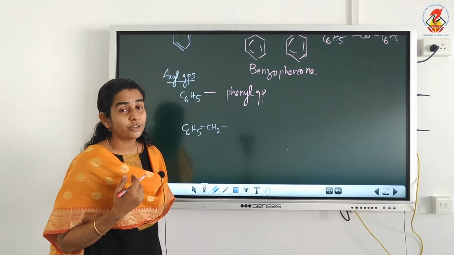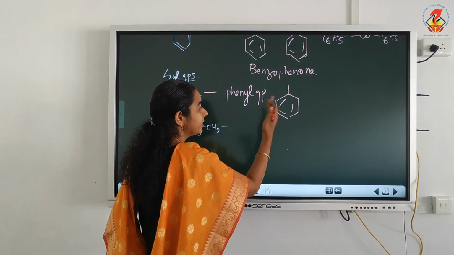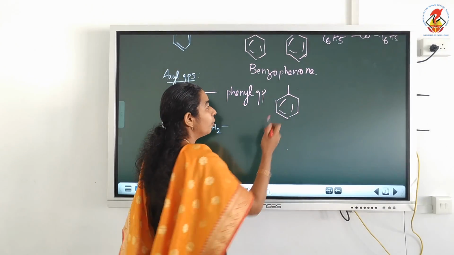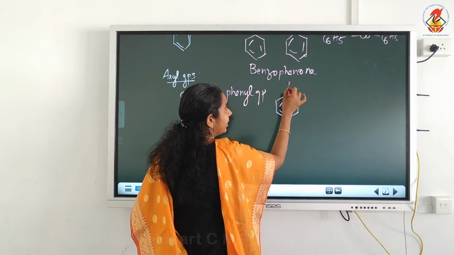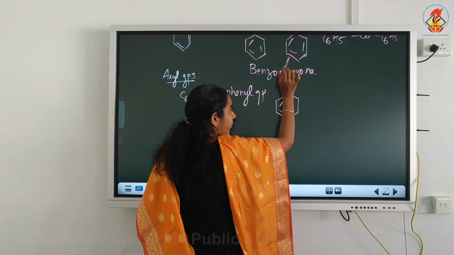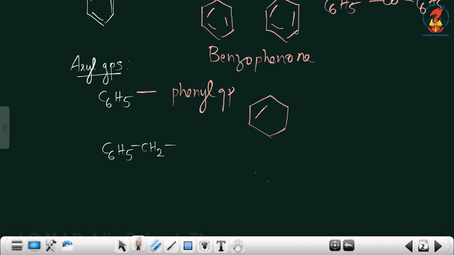How can we draw the structure of the phenyl group? Yes, a benzene ring. If it is attached to something, don't misunderstand the structure. Don't think that this is a bond line representation and here there is a carbon. No, nothing. This is actually a benzene ring coming as a branch.